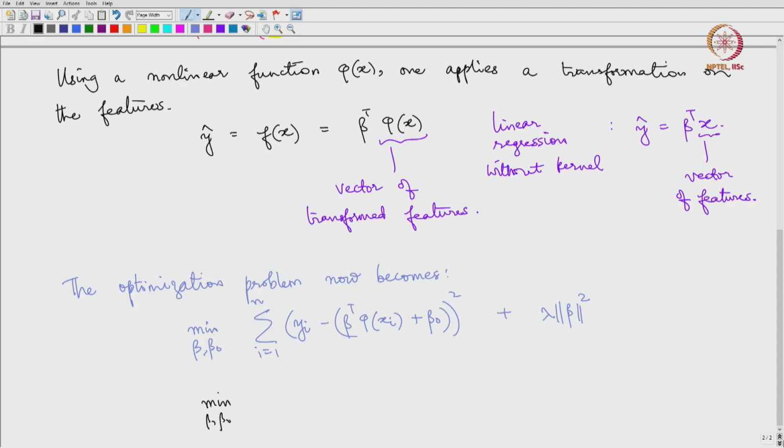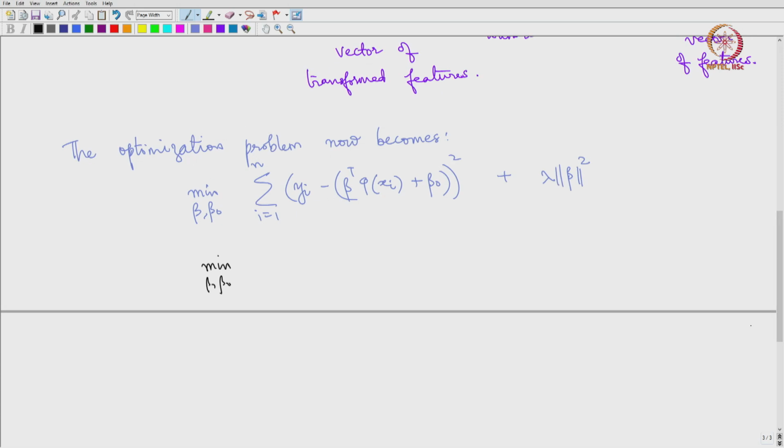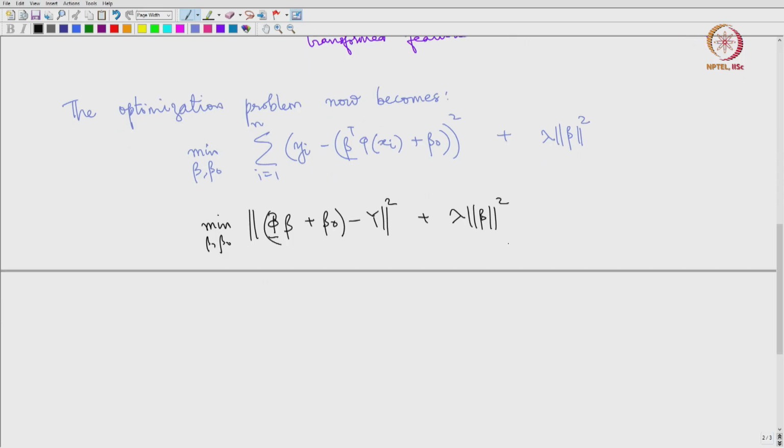minimization of the loss function with respect to the weights and biases beta and beta naught of a matrix phi multiplied by beta plus of course beta naught if you have a constant, minus y, right, norm squared, plus lambda norm squared of beta. So now what is this capital phi matrix?